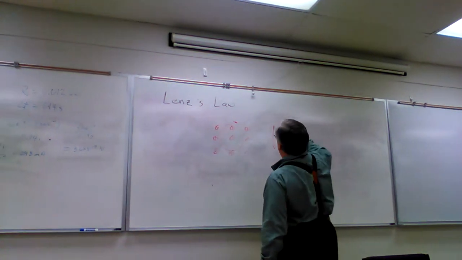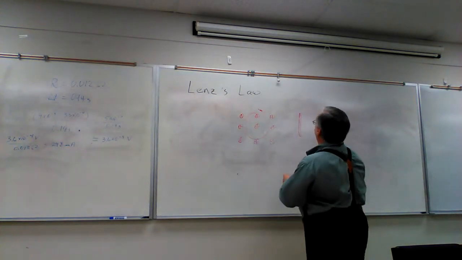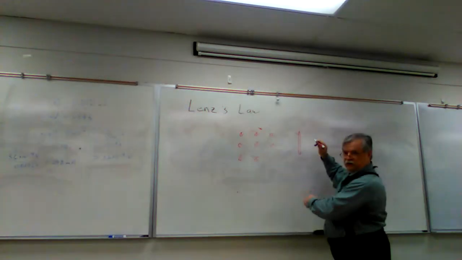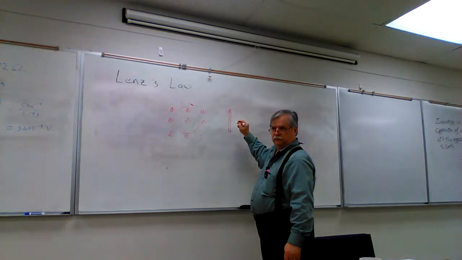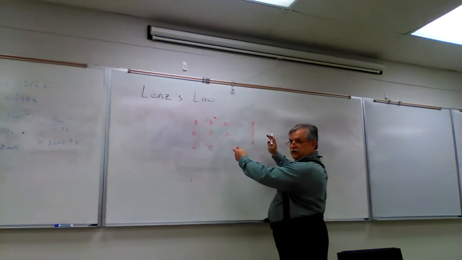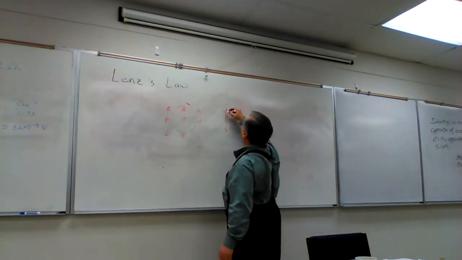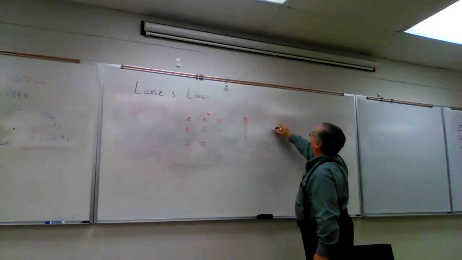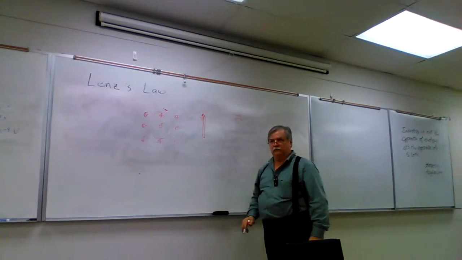So it's going to flow in the opposite direction to try and minimize the flux, because the flux is now starting to increase, and it's going to want to keep the minimum flux. So now the current is flowing in the opposite direction until it gets here, and as it rotates, it starts flowing in that direction again.